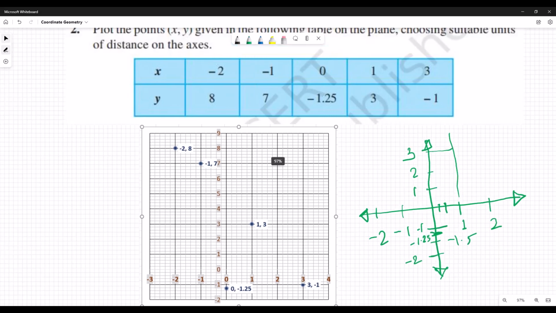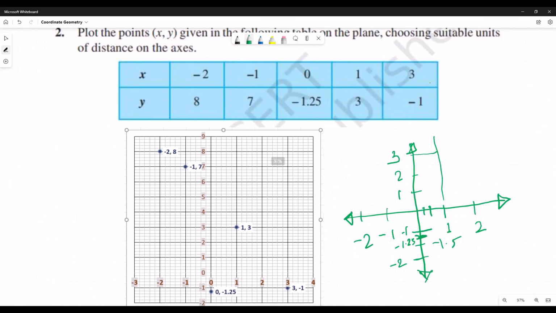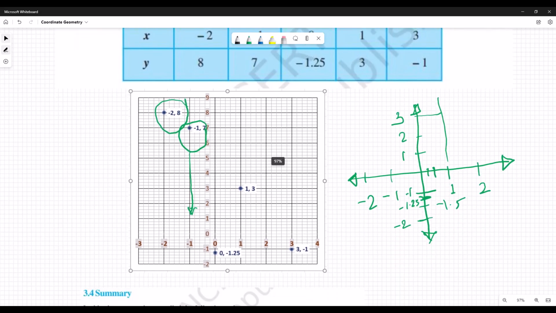So let us start. The first point is x is minus 2, and y is 8. So this is the first point. X is minus 1, and y is 7. So this is the second point, right? X is 0, y is minus 1.25.